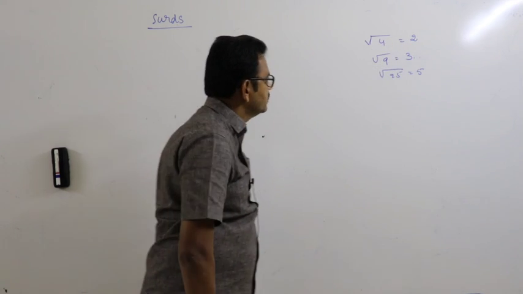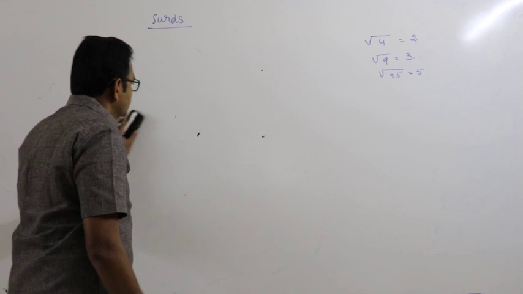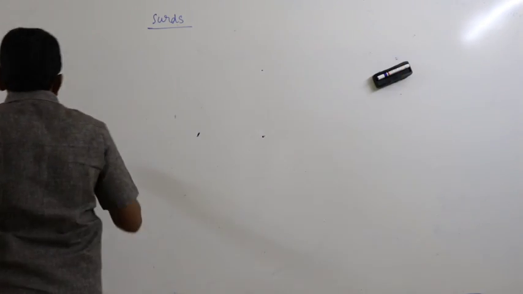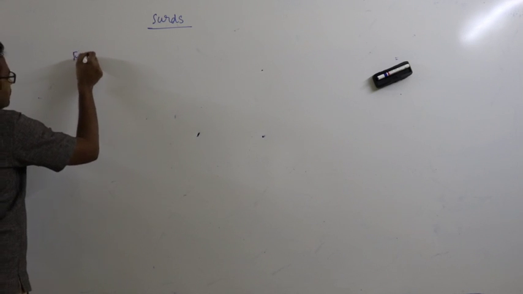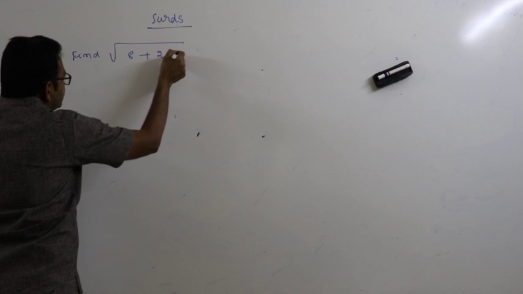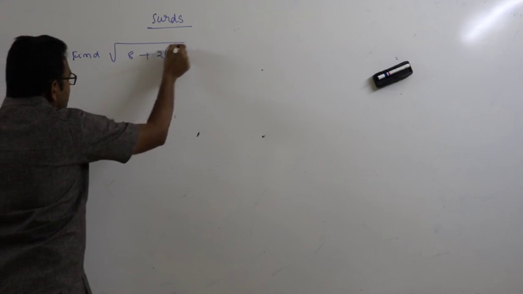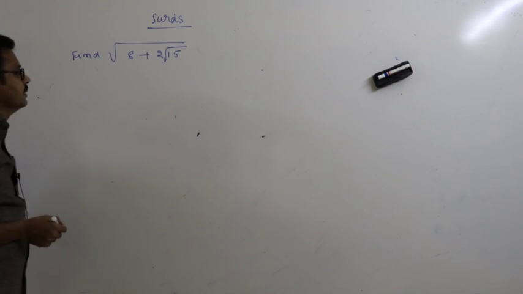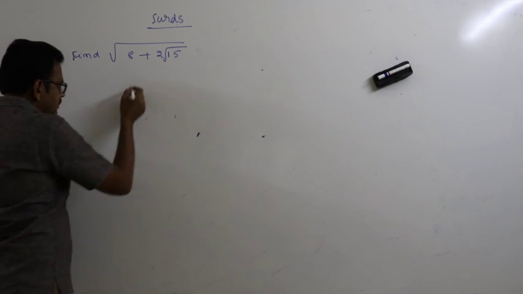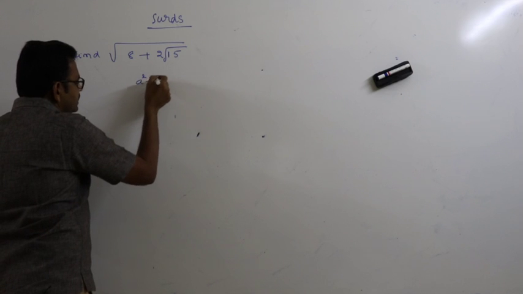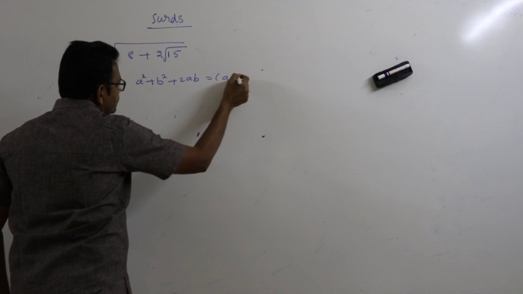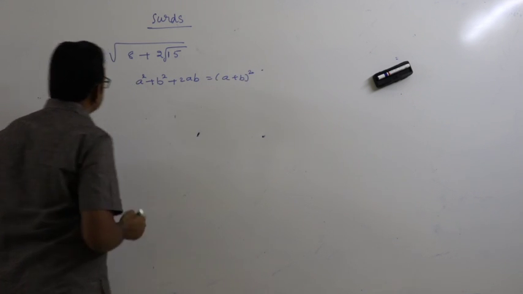So now to find the square root of 8 plus 2 root 15. So this is the square root of 8 plus 2 root 15. We know the formula a square plus b square plus 2ab is equal to a plus b whole square.